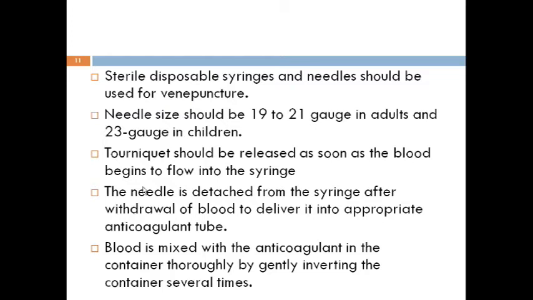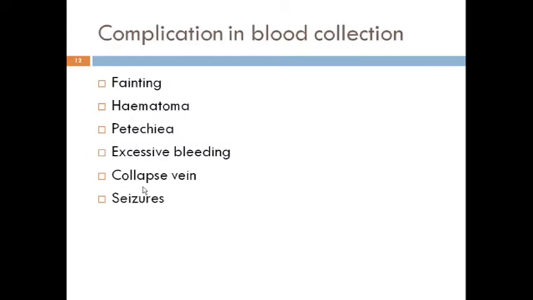The needle is detached from the syringe after collecting the sample, and the blood is delivered as soon as possible into the anticoagulant tube or into the plain tube. There are some complications during blood collection like fainting, hematoma, collapsed vein, seizures, and excessive bleeding.